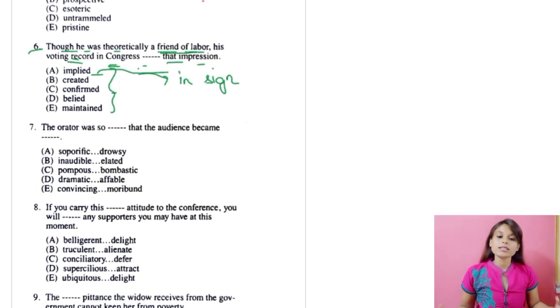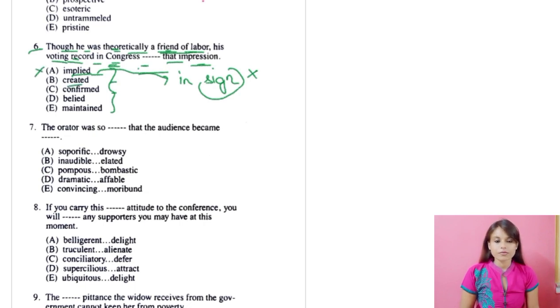You are not actually saying it, rather you are just showing it. It's like a kind of sign you are showing. So if I put implied, though he was theoretically a friend of Labour, his voting record in Congress implied that impression. No, this won't go. It's like showed that impression, or no, it won't go. So number 1 is incorrect.